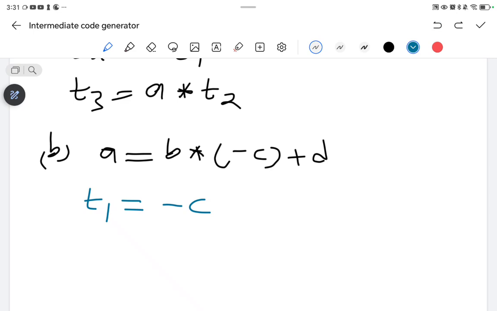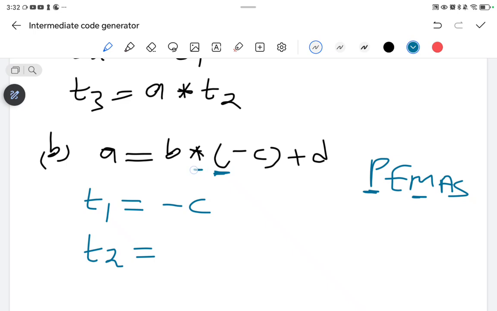So this will be T2 is equal to... remember, if I use PEMDAS here, this one has the highest precedence. That's why I started with brackets. The second highest precedence which I see here is multiplication. Now I'm going to multiplication.